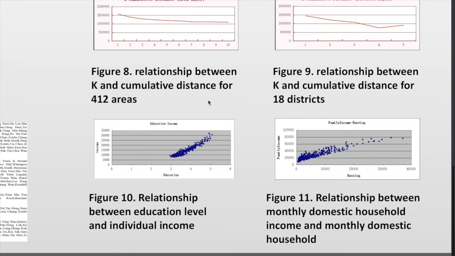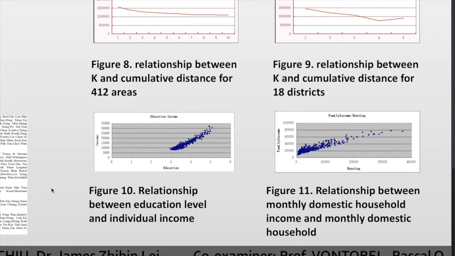In addition to those clustering results, we also got some additional discoveries in our project. Here, I've mentioned that we have used the average value to represent the characteristics of the areas and districts.